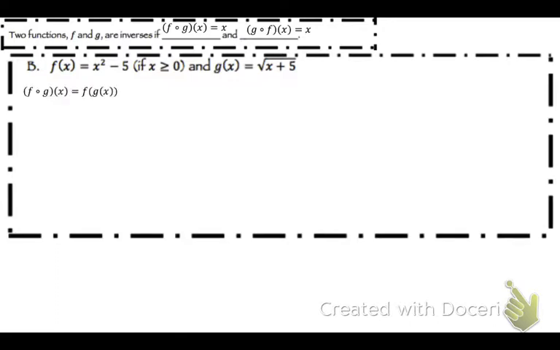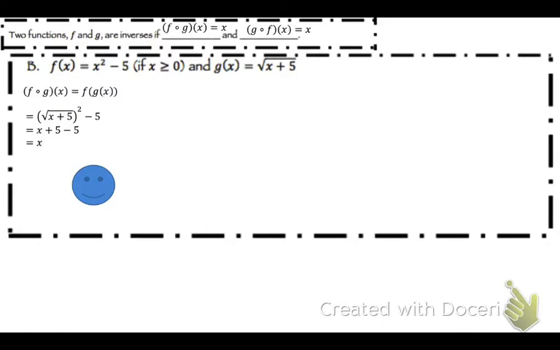I need to find f of g of x, so I plug g of x in for x in f. So I have the square root of (x plus 5), squared, minus 5. If you square a square root, it gets rid of it, so you get x plus 5 minus 5. 5 minus 5 is just x, so we're good there.